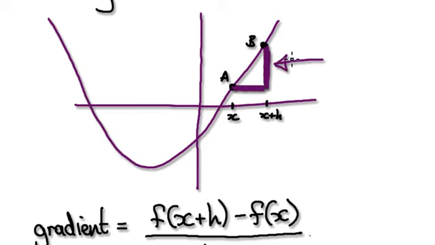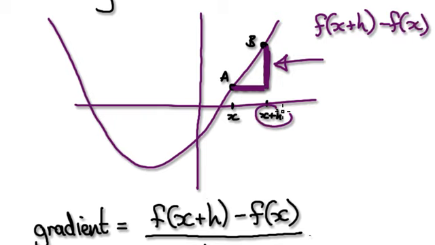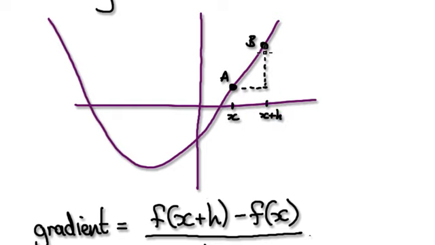This height is the difference between x plus h and x. It's really you getting this length, and then taking away this length here. It's really you taking the difference of this and this.